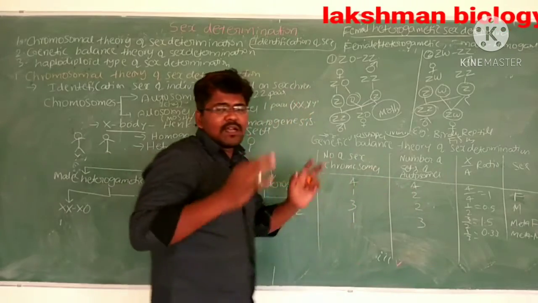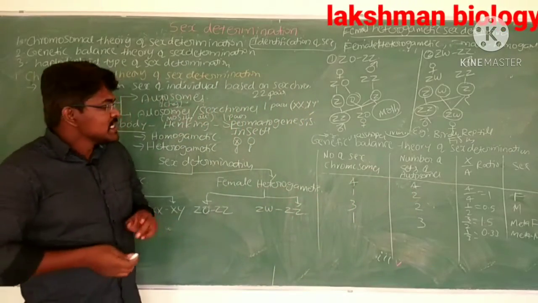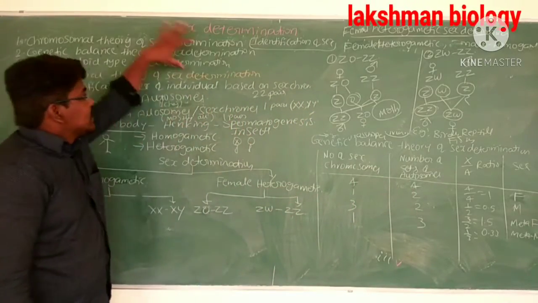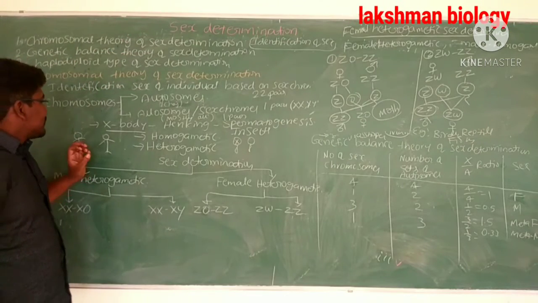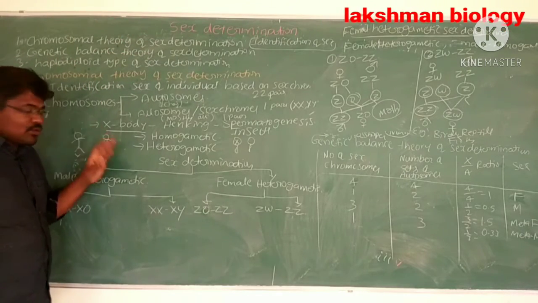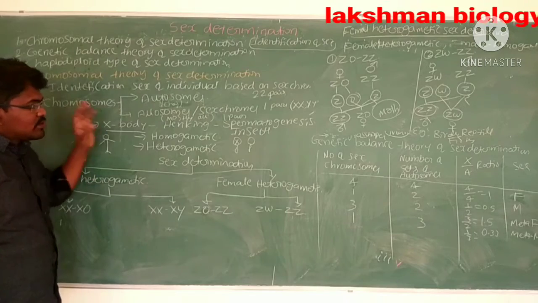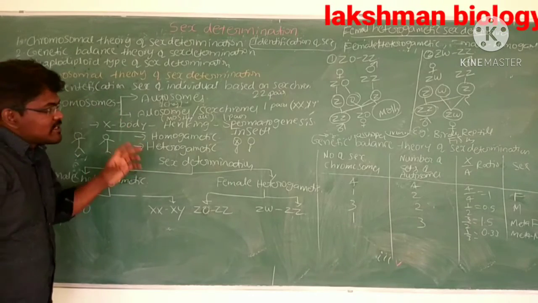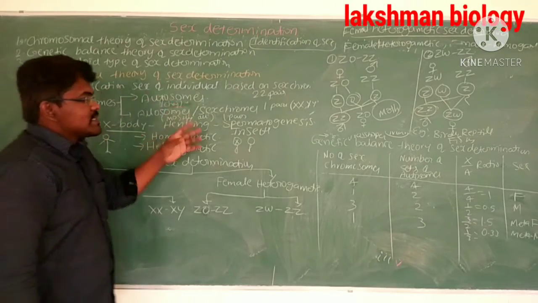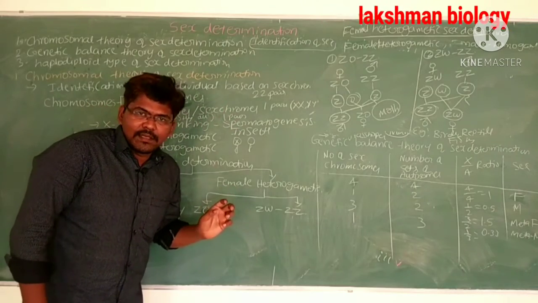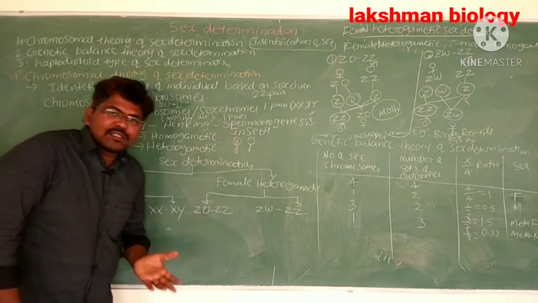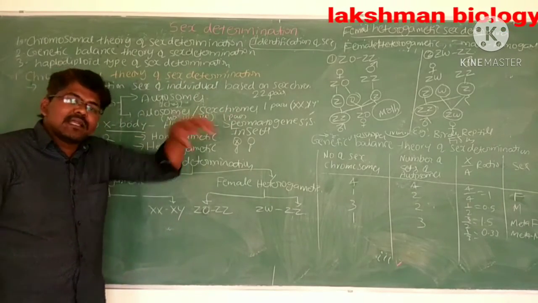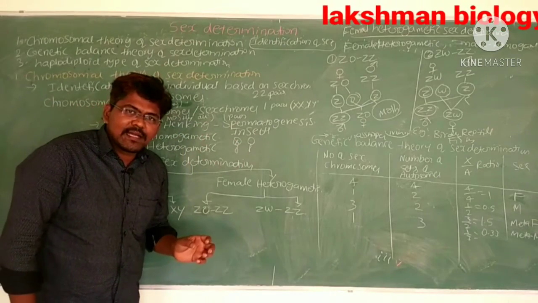That is the completion of the chromosomal theory of sex determination. In the chromosomal theory, sex chromosomes determine the sex of the individual. If an organism produces similar gametes, it is called a homogametic organism.